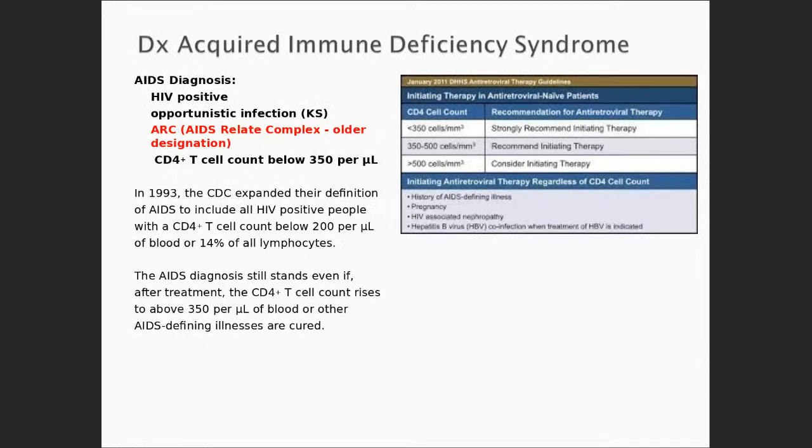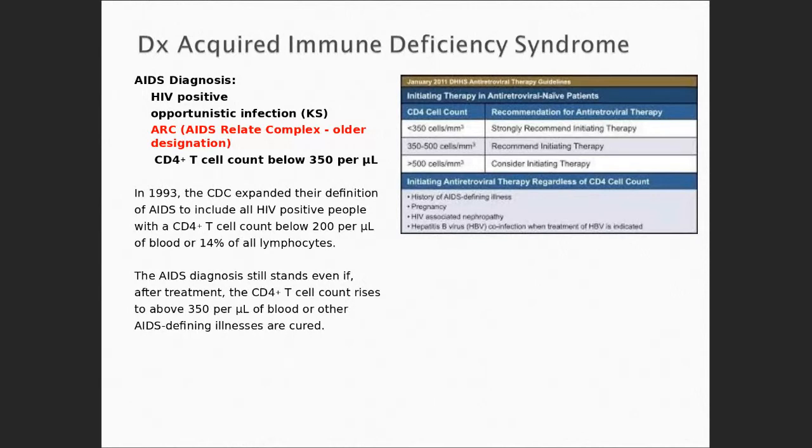These are all organisms that, in a healthy, immunocompetent individual with a good immune system, might cause a slight infection but never develop into a chronic or acutely serious infection, right? So our AIDS patients: you have been diagnosed HIV positive, your T4 helpers are below 350 per microliter, and you've had some type of opportunistic disease.